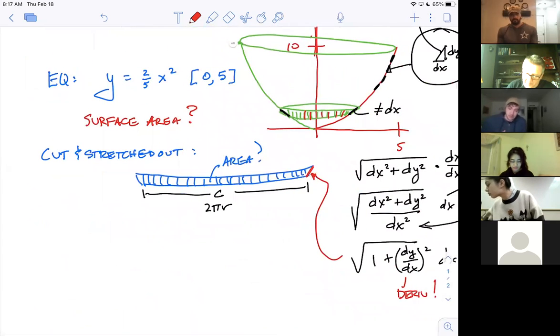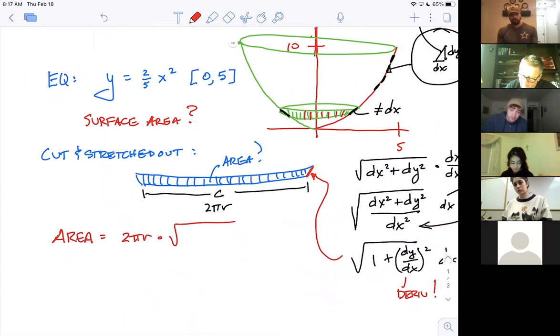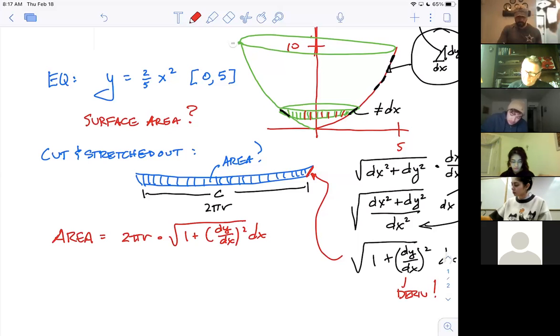So isn't that area then just equal to 2 times pi times r times this glorious arc length square root that we invented for ourselves? Yep. Now, notice in our case, this is around the y-axis.